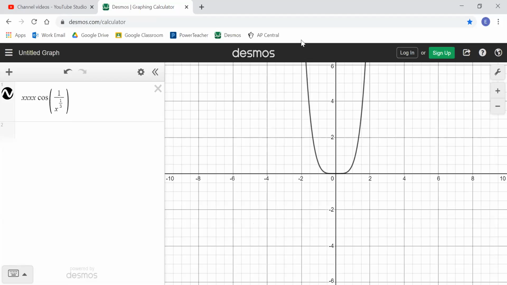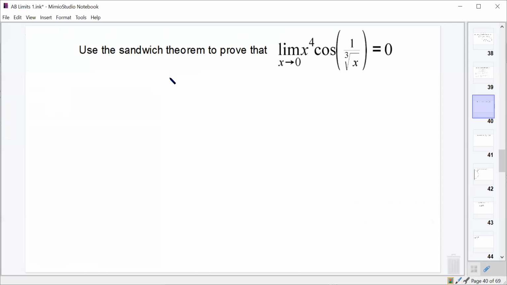But what do we think should always be above it, and what do we think should always be below it? We know about the cosine function.